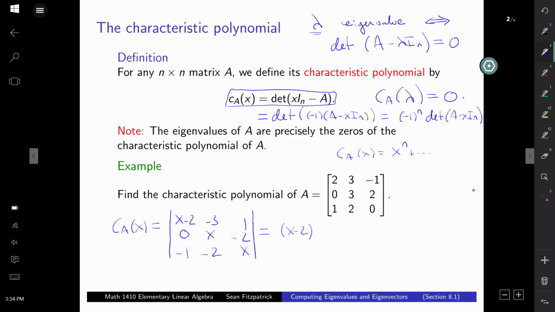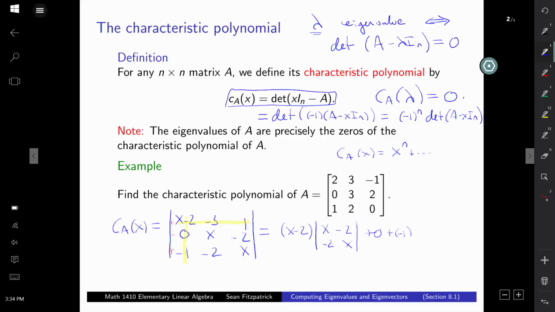Let's go down the first column. The first entry is x minus 2. If I delete row 1, column 1, I'm left with x minus 2, minus 2, x, with 0 in the middle, and then I've got minus 1. My signs down this first column go plus, minus, plus, so I've got plus signs for both of them.